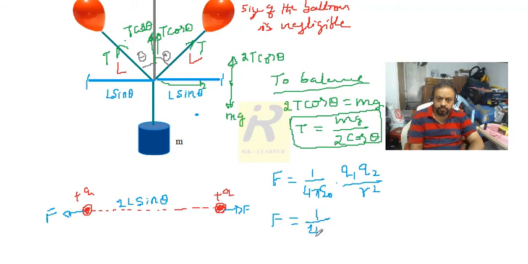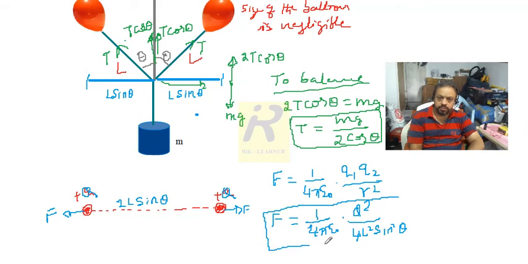So F equals 1 by 4 pi epsilon O into Q square, as the two charges are the same, divided by R square. R square is the distance between the two point charges, 2L sin theta, so this becomes 4L square sin square theta. This will be the force between the two charges.